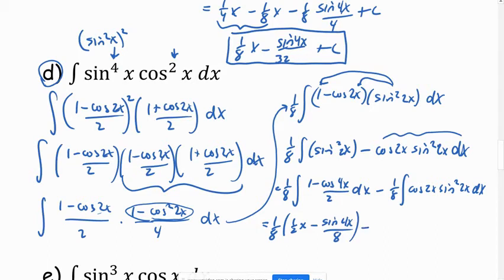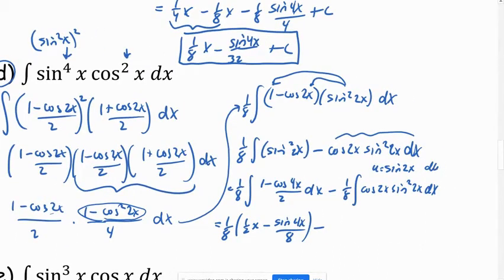And then this part, I'm going to use a substitution. We'll say u equals sine of 2x, du equals 2 cosine 2x dx.